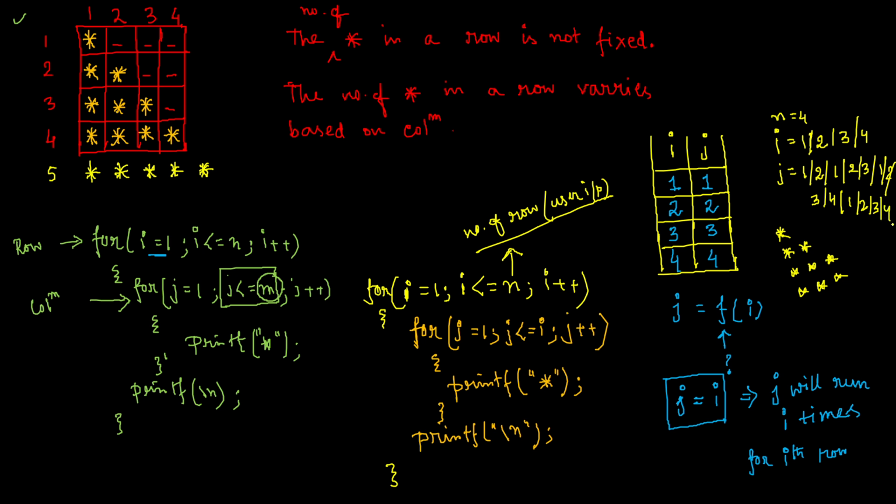For j equal to 4 again correct. Then j equal to 5, 5 less than equal to 4 wrong, so it will exit and your cursor blinks over here, and then i will be incremented by 1 and i becomes 5. Now 5 less than equal to 4 is false, the whole loop breaks, and you see your pattern is printed that you wanted.